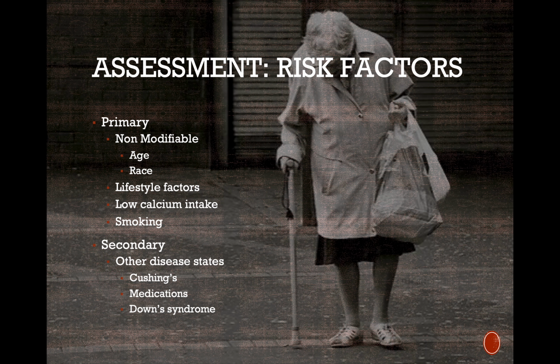Secondary risk factors include other types of disease states, things of that nature, or medications. Some types of medications like steroids. I think a proton pump inhibitor called Protonix has been linked with osteoporosis. Certain types of anti-seizure medications have been linked with increased incidence of osteoporosis.